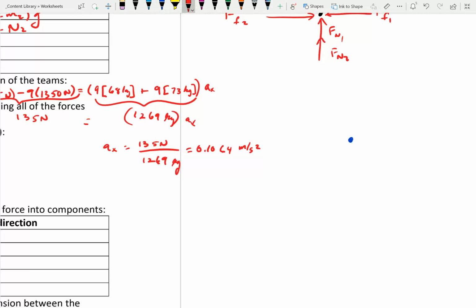I have force gravity 1 equals m1g, where m1 is equal to 9 times 68 kilograms. Force normal 1, the force friction 1, and force of team 2 on 1.